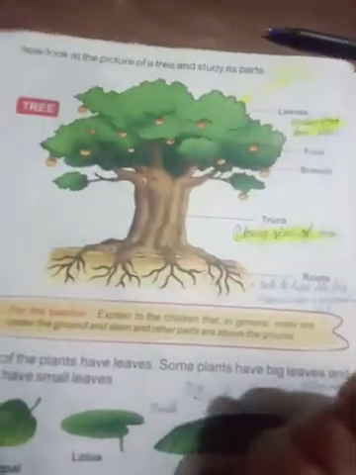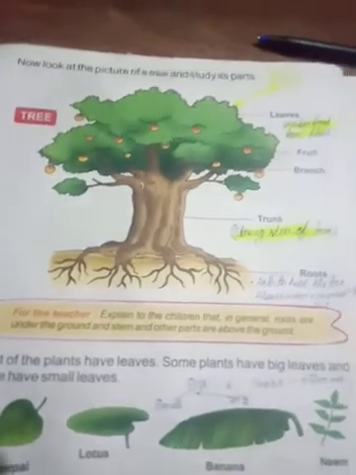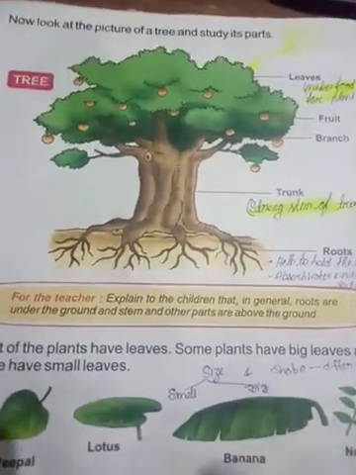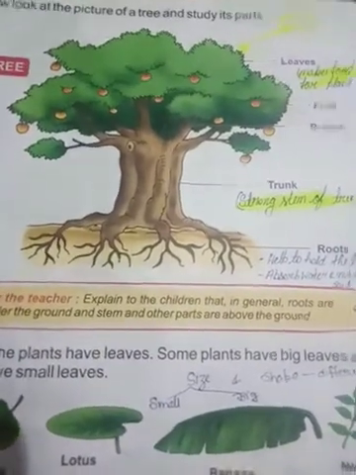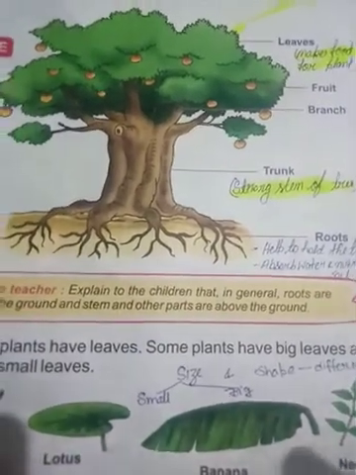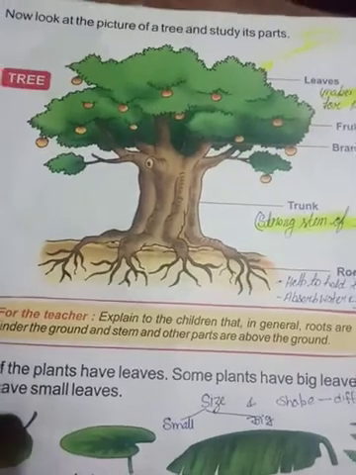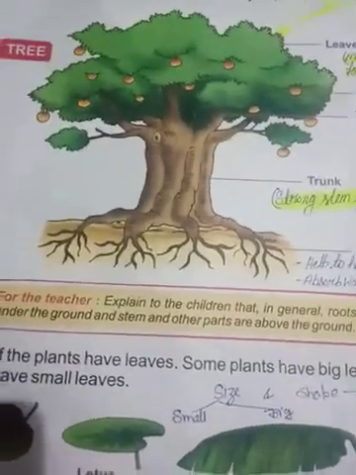What do the roots do? Roots hold the plant so that the plant or tree can stand upright. If I am saying plant, you should get it that tree also.